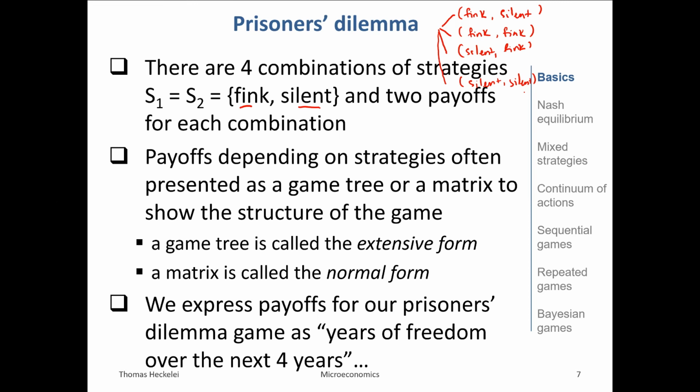So in the worst case, when you get 4 years in prison because the other one thinks on you, but you stay silent, then your payoff is 0. So within the next 4 years, you spend none of the years outside.